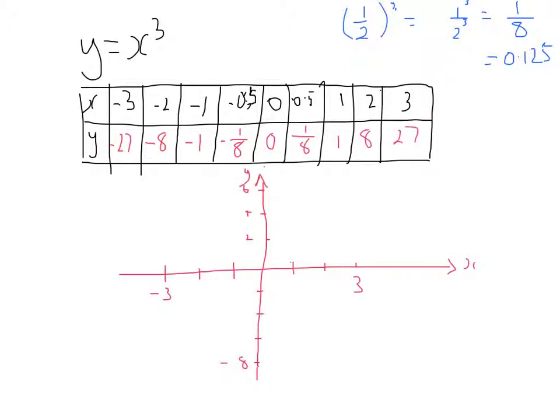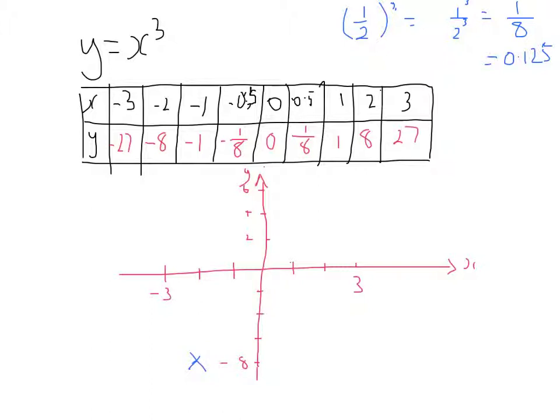Now to plot these points, -3, that's just going to go right off the scale here, but your graph will be a lot bigger, but you'll still get an idea of the shape of the graph from this one. -2 goes down to -8, so we've got a point there.